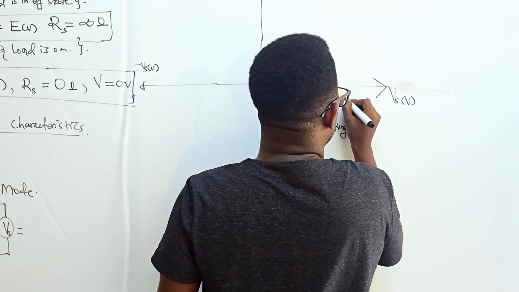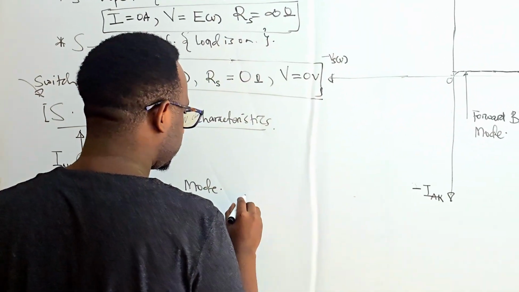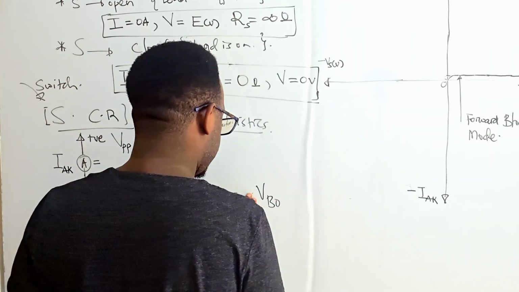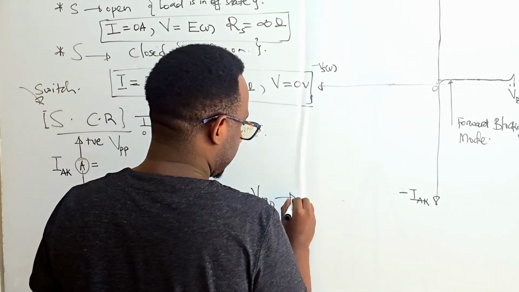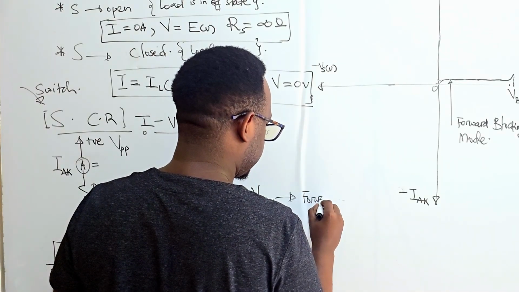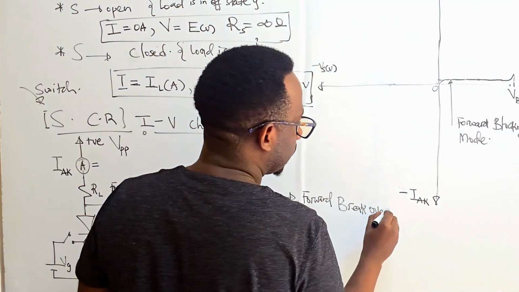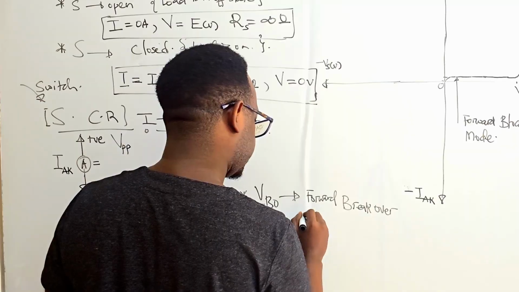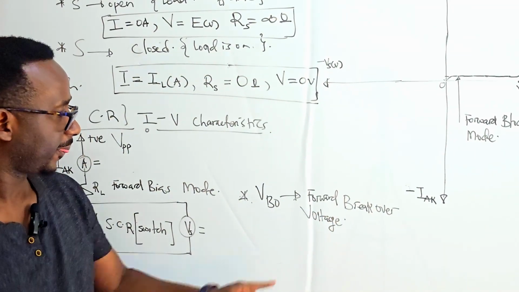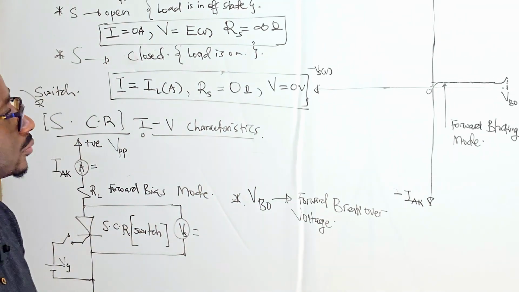Let's label that as VBO. VBO stands for the forward breakover voltage.